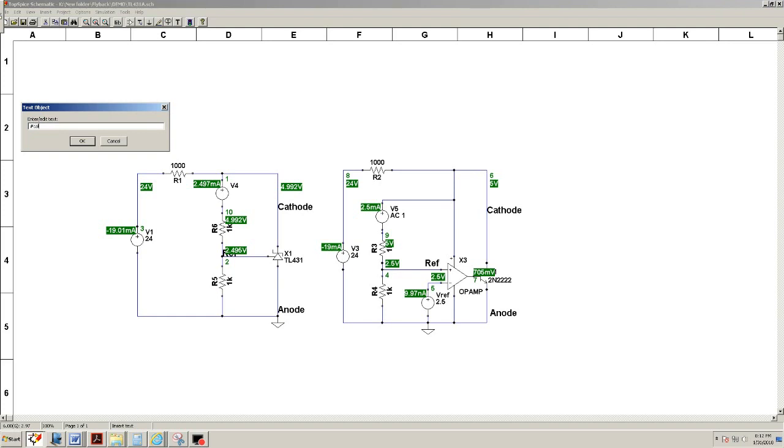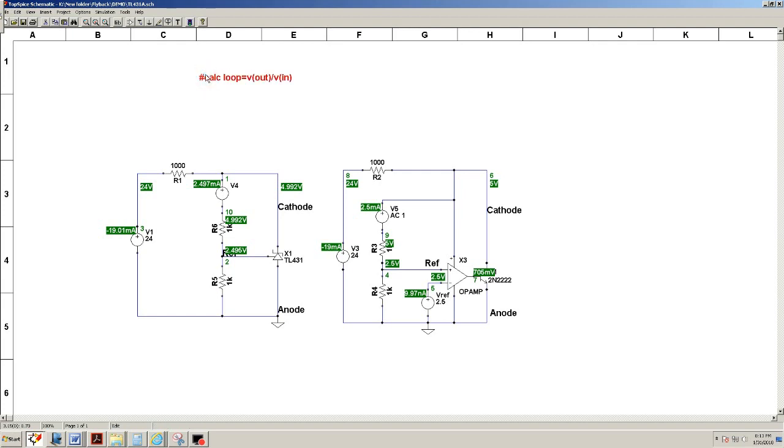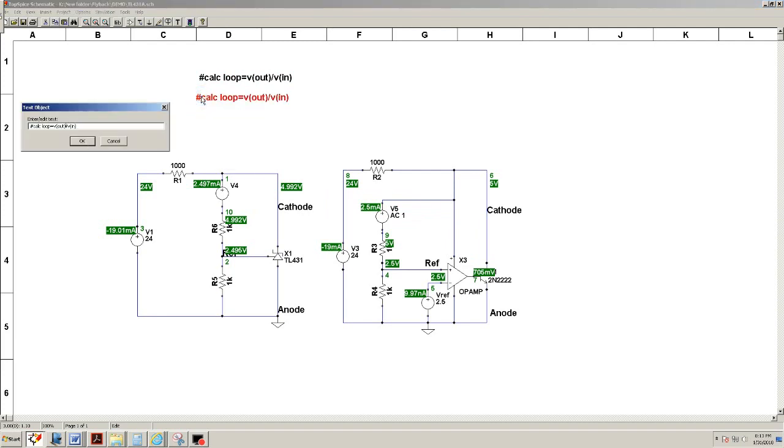We can say calc, which means that it calculates, and I'm going to label it as loop is equal to V out divided by V in. Okay, and then I wanted to plot, and we'll put an auto plot. Okay, and we'll say dB, this bracket, close the bracket.